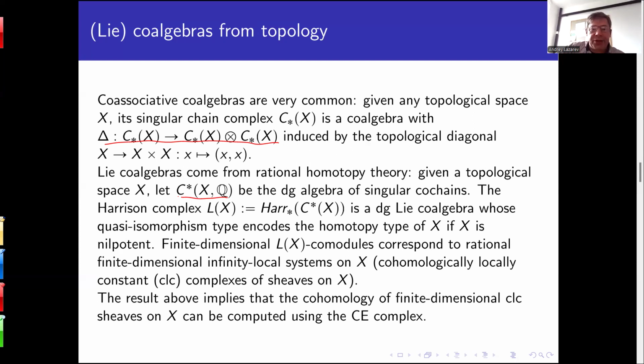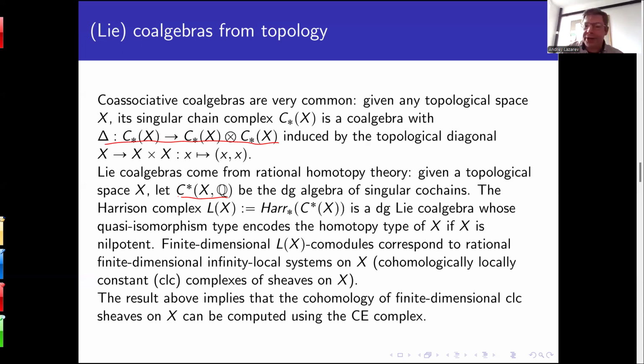And then finite dimensional comodules over this Lie coalgebra, which is a differential graded Lie coalgebra in this case, correspond to rational finite dimensional infinity local systems, which in different contexts are called cohomologically locally constant sheaves on X. And the result, which I explained in the previous slides, implies that the cohomology of such complexes of sheaves can be computed using the Chevalley–Eilenberg complex.